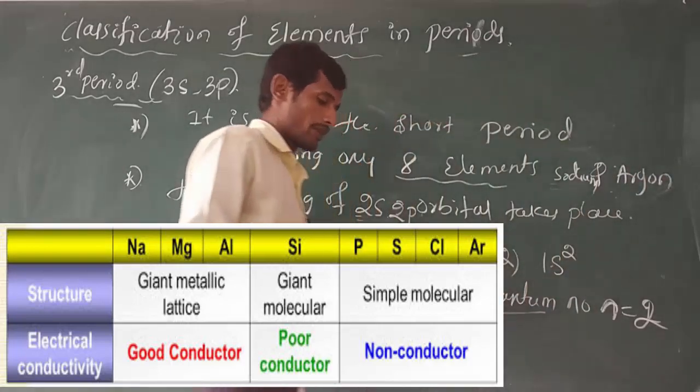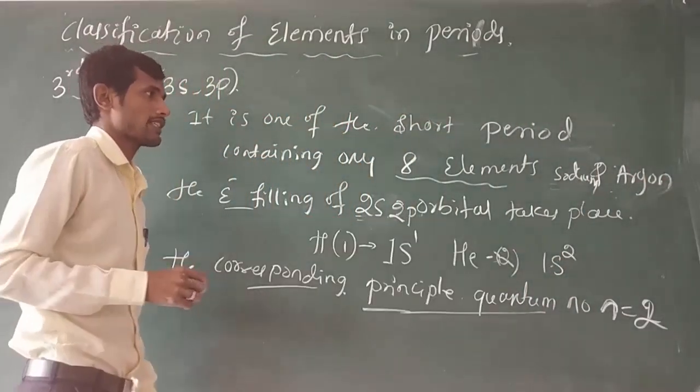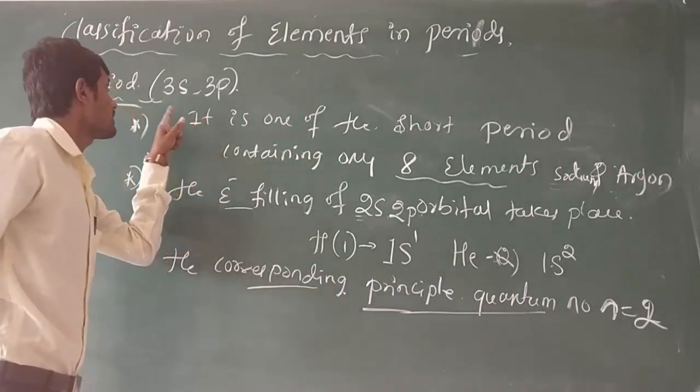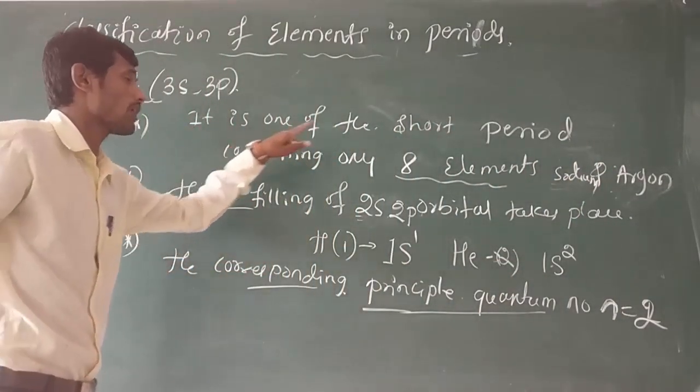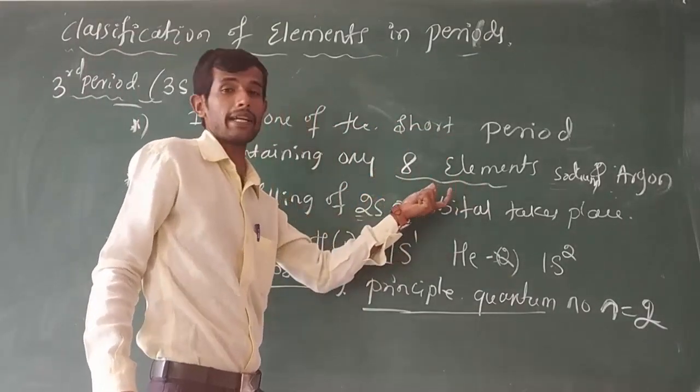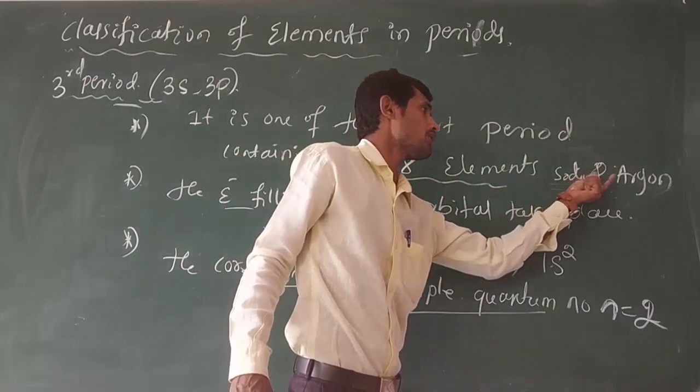Yes, remember, the atomic number of sodium is 11 and argon is 18. Students, remember, the third period is also one of the short periods containing only 8 elements from sodium to argon.